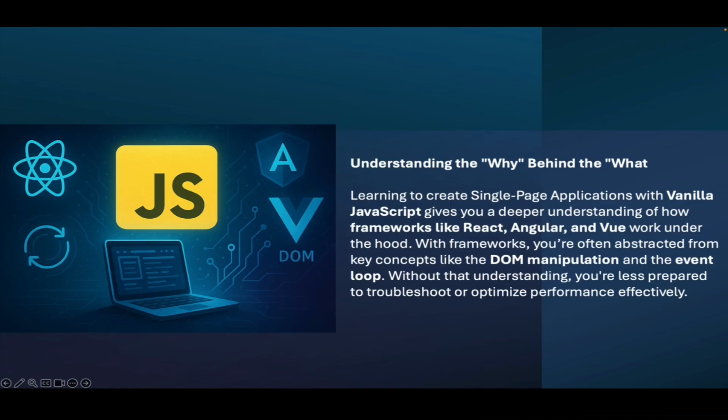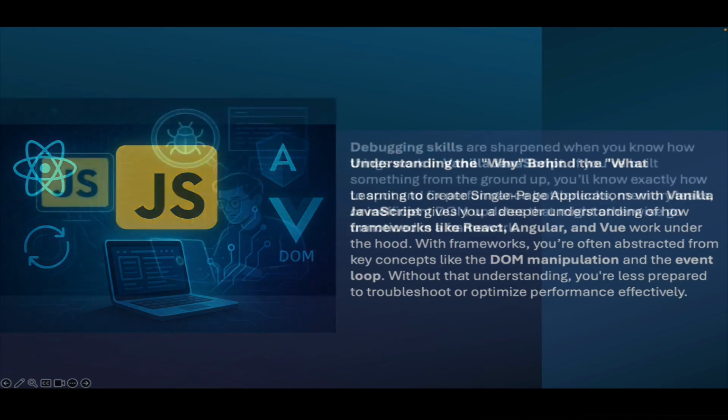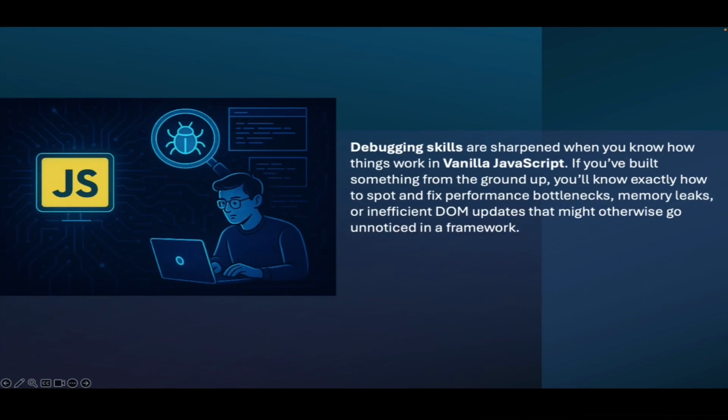With frameworks, you're often abstracted from key concepts like the DOM manipulation and the event loop. Without that understanding, you are less prepared to troubleshoot or optimize performance efficiently. Building single-page applications with vanilla JavaScript is going to enhance your debugging skills because you're going to know how things work under the hood.